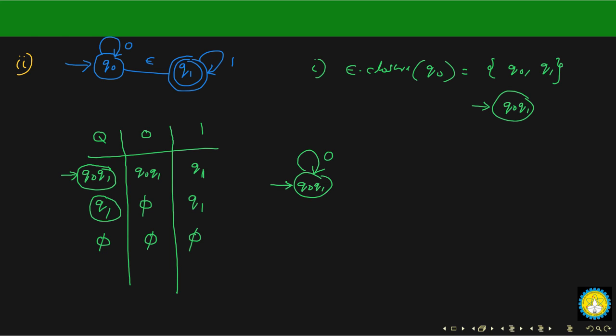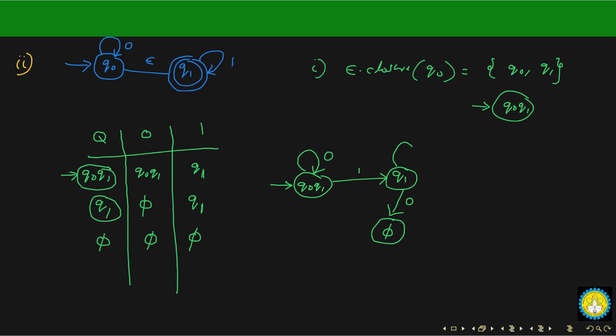Oh, I missed Q1 here. Okay, so if you get a 1, you're going to Q1. Again, from Q1, if you're getting a 0, you're going to a dead state. So upon getting a 0 from Q1, you're going to a dead state, which can be indicated by a phi. Now from Q1, if you're getting a 1, you are going to stay at Q1 itself.